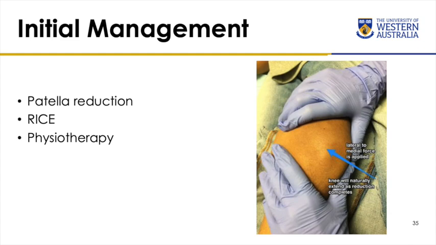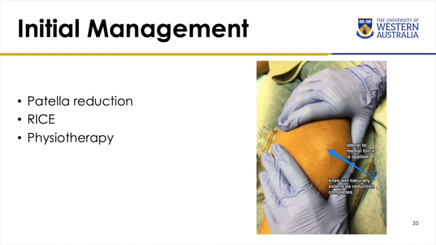Patella dislocation is extremely painful, so urgent reduction is the first step of management. Following that, reduction of swelling using ice, compression, elevation and rest. Then regaining range of motion of the knee, followed by muscle strengthening exercises.